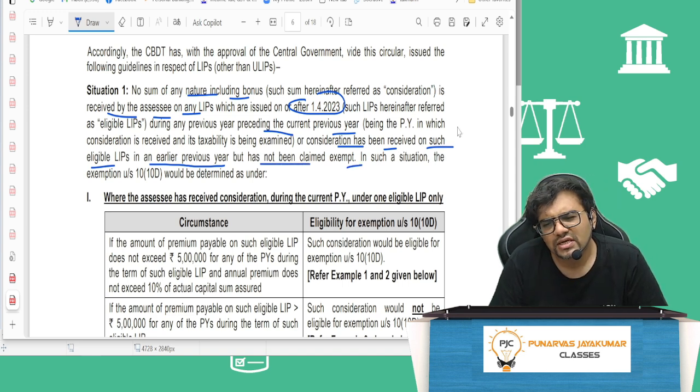What is this? Never have I received any amount from the life insurance policy. There is no maturity amount received. I have never claimed any exemption before. And all the life insurance policies have been issued after 1/4/2023. So how will I compute my exemption? Let's see the examples, guys.